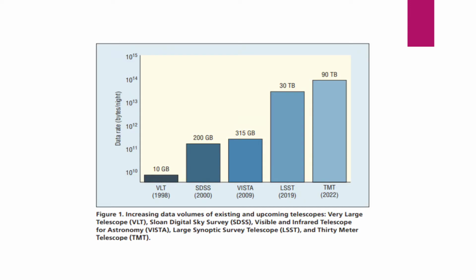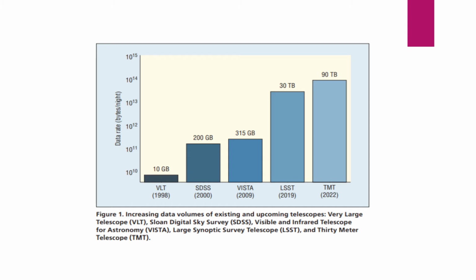The figure shows increasing data volumes of existing and upcoming telescopes. Very Large Telescope, VLT, and Sloan Digital Sky Survey. The Very Large Telescope in 1998 had 10 GB. The Sloan Digital Sky Survey, SDSS, around the year 2000, had 200 GB.